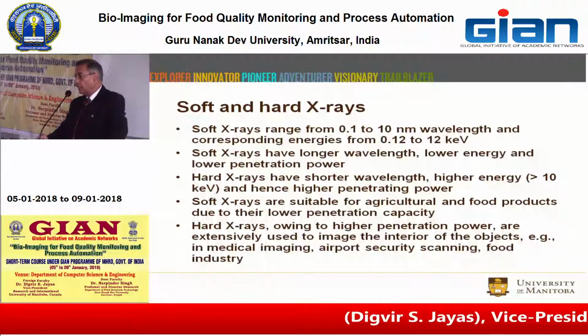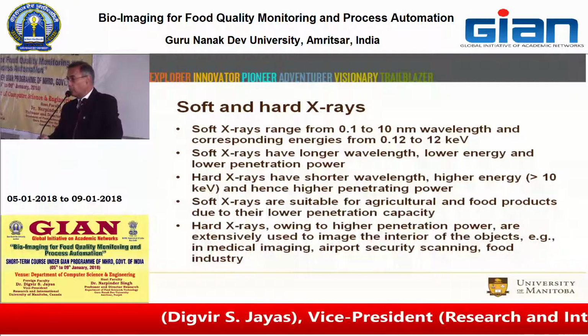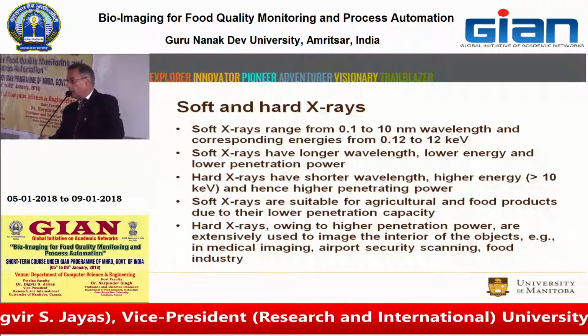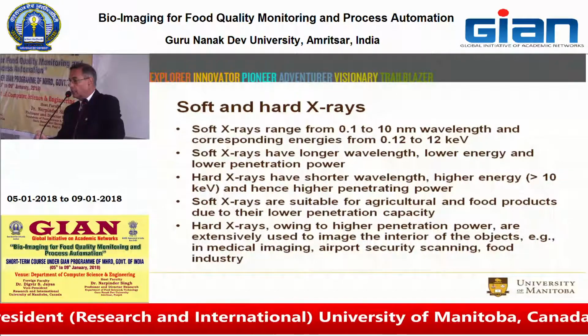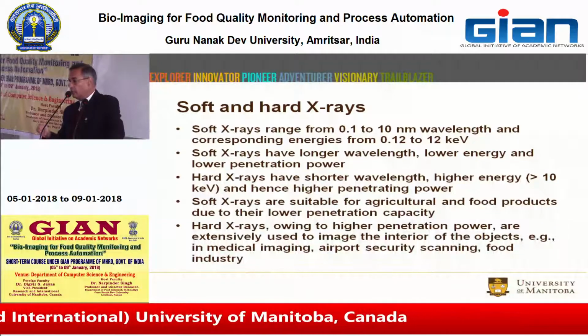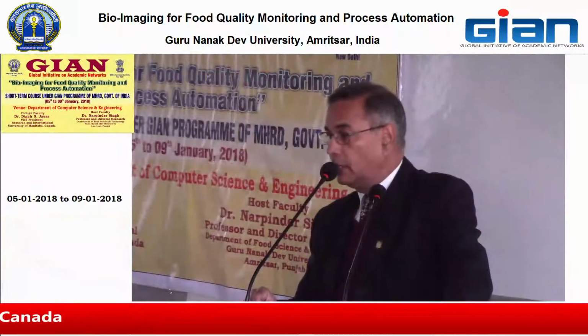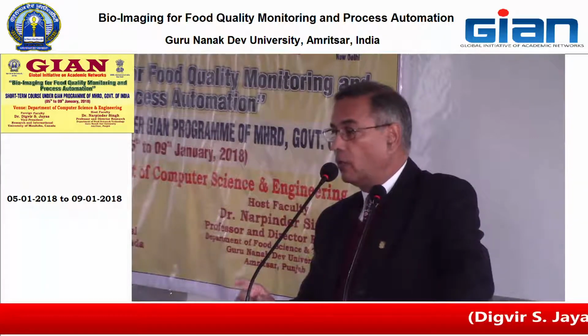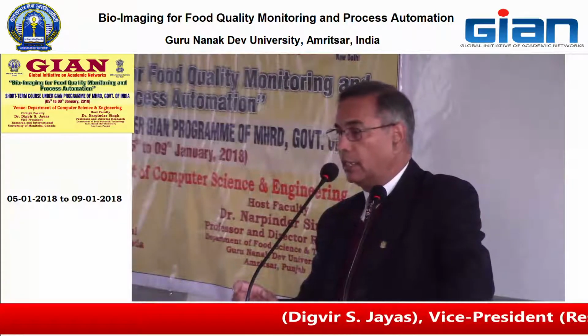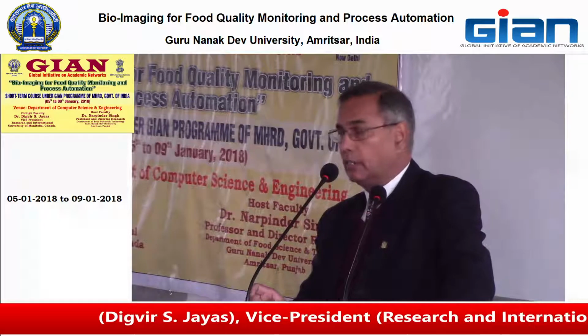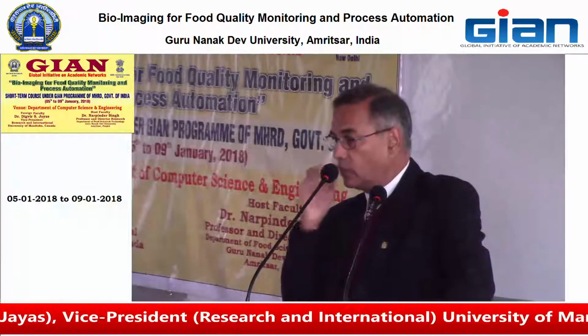So hard X-rays have high energy and more penetration power, and those are the ones which are used at the airports. In the medical imaging also hard X-rays are used, and soft X-rays, being low energy and less penetration power, are used with the biological materials and particularly the agri-food materials.